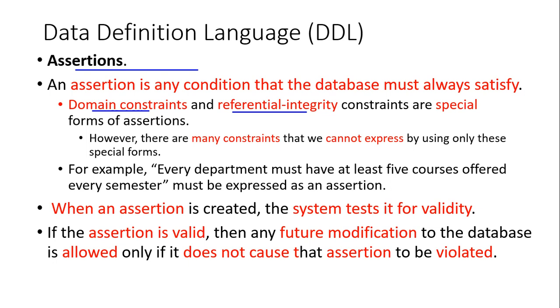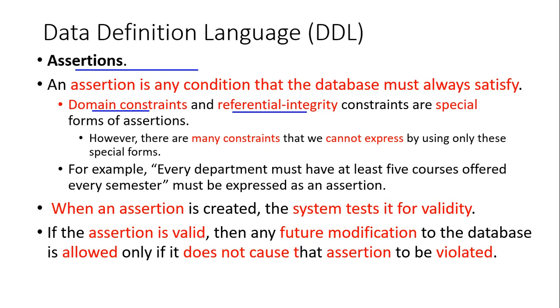For example, if you have a department, then the department must have at least 5 courses, otherwise such a department does not exist in the university. These are constraints that are put by the university. Or a student, if at all you want to call somebody a student, must have enrolled for at least 3 subjects. These are some assertions.